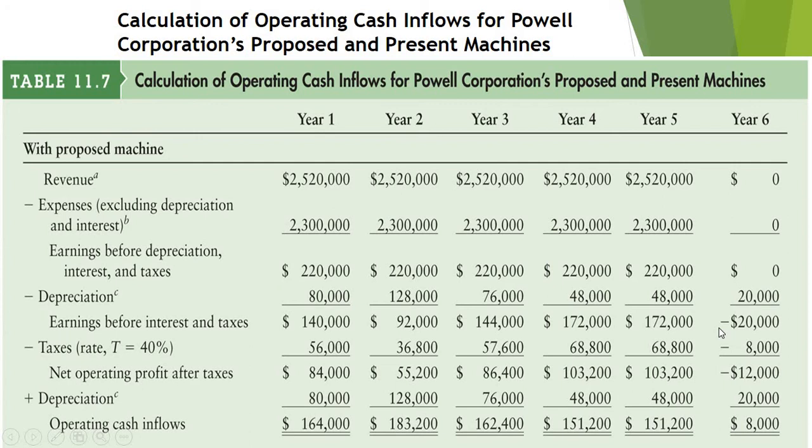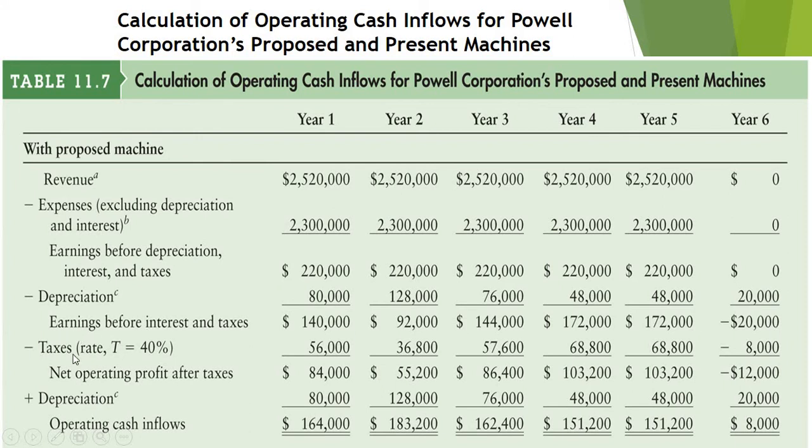Here is a negative earnings before interest and taxes in year number 6 because there is no revenue, no expenses. So earnings before depreciation, interest and taxes is 0. If we deduct 20,000 from this 0, we'll get a negative 20,000 earnings before interest and taxes.